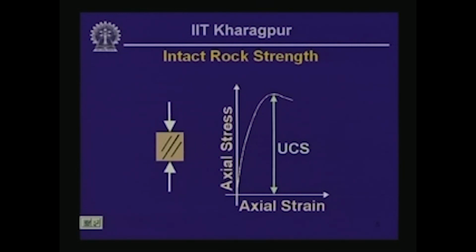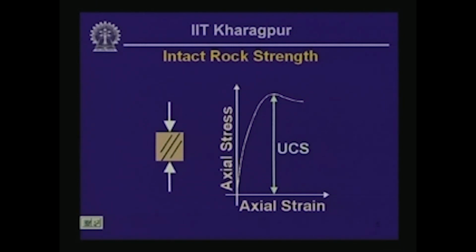If we try to strain the sample even further, then these cracks are going to propagate further, and the strength of the sample is going to decrease even further, and ultimately the sample is going to split up, and that is going to be the ultimate failure state of this particular specimen.